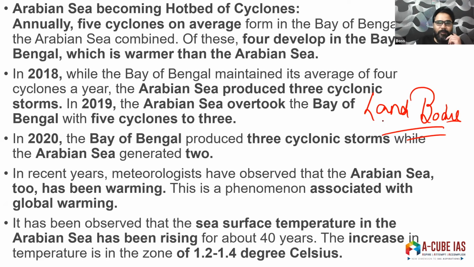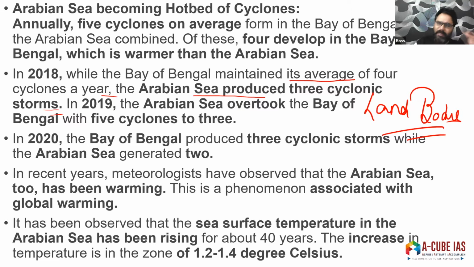Okay. So in 2018, while the Bay of Bengal maintained its average of 4 cyclones a year, the Arabian Sea produced 3 cyclone storms. In 2018, everything was perfect with reference to the Bay of Bengal; the total number of cyclones that appeared there were 4.